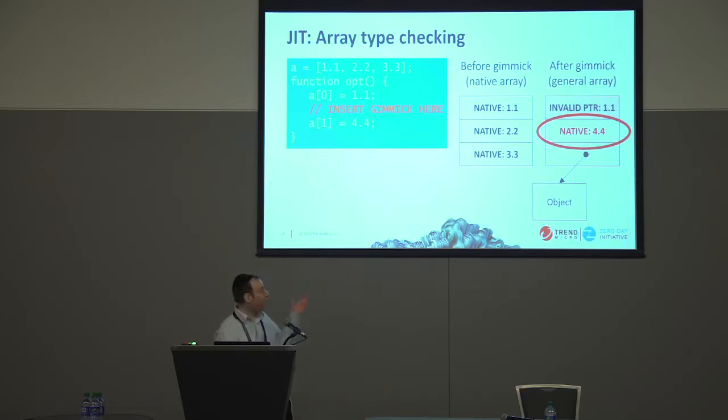So when it reads that native 4.4, it will apply the invalid pointer test to determine whether it should be interpreting this value as a pointer or as a specially encoded numeric. And here the attacker has the upper hand, because the attacker can easily choose this native floating point value so that it will be treated as a valid pointer. And this allows the attacker to forge a pointer of any desired value.